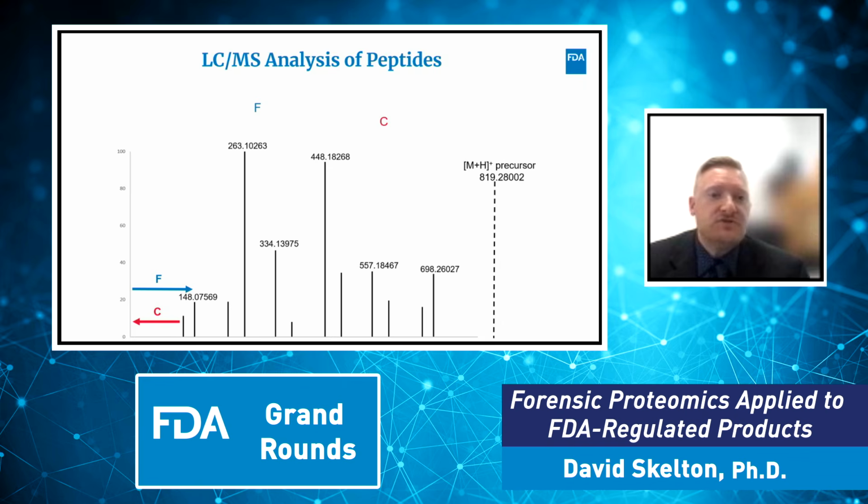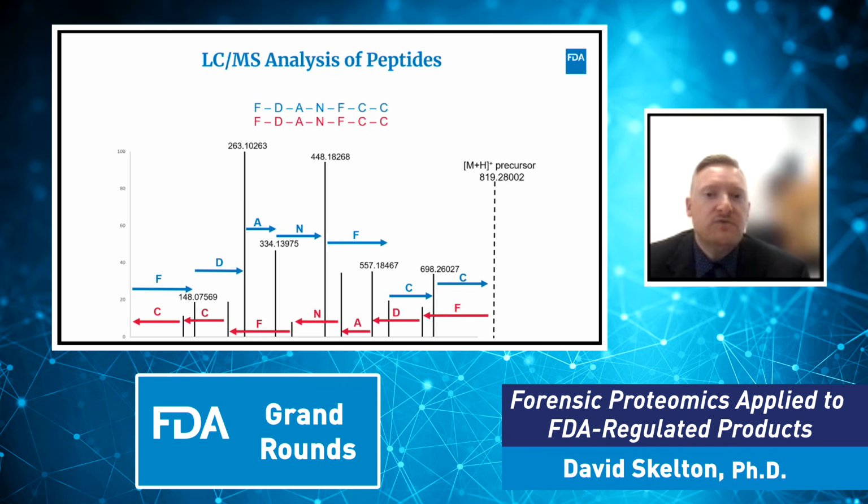And from here, what we start doing is we just start looking for mass differences that correspond to amino acids. So the difference between 148 and 263 corresponds to the amino acid aspartate, which is denoted by the letter D here. And we do this for all of our B and Y ions. We continue this process just looking for mass differences that correlate with the known 20 amino acids.